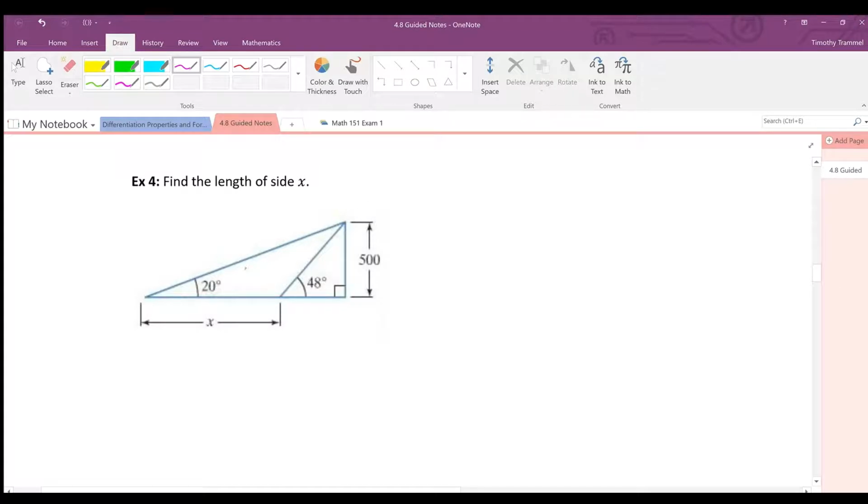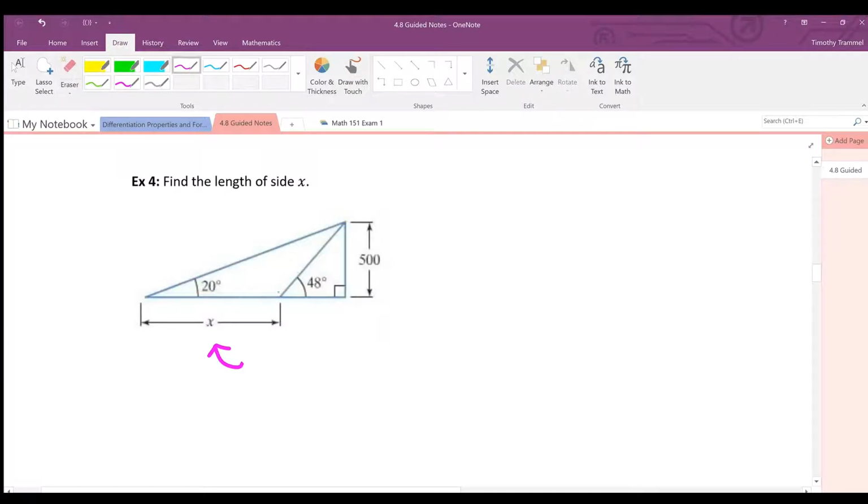So let's think about this. We want to find this side x, okay? And I will probably get rid of what I'm about to mark here, but you can see that this side x is part of this triangle that is not a right triangle, right? We have this obtuse angle here. So what we're going to do is look at two other triangles.